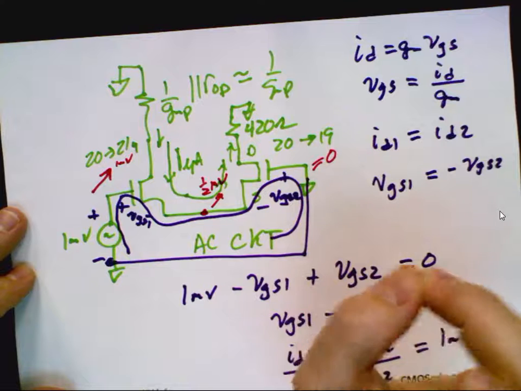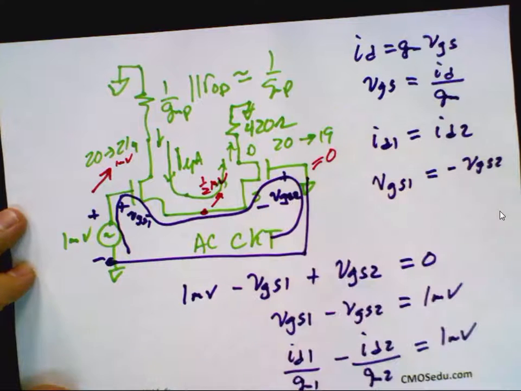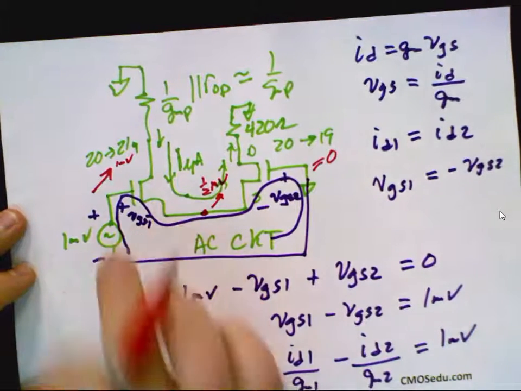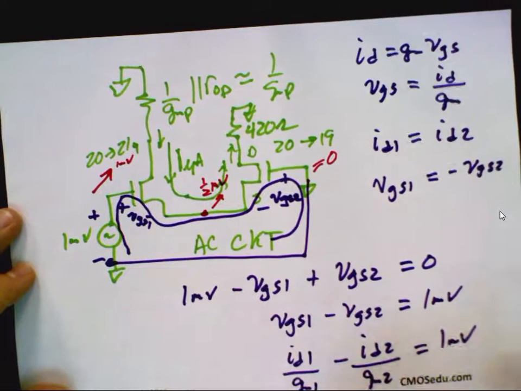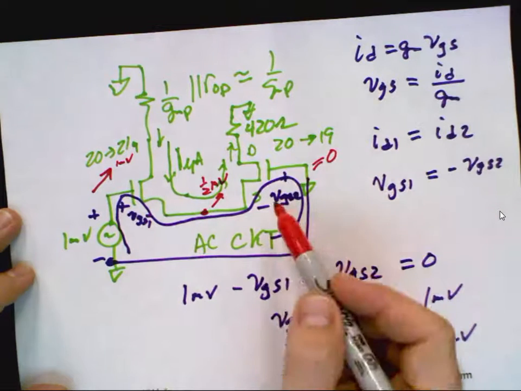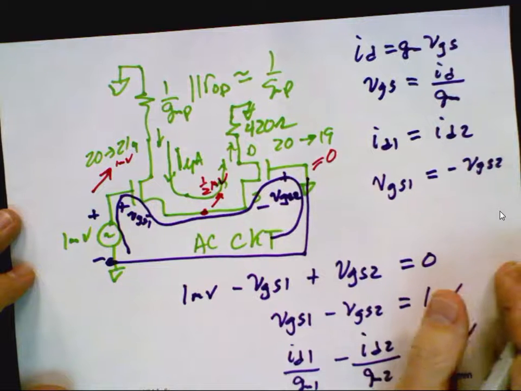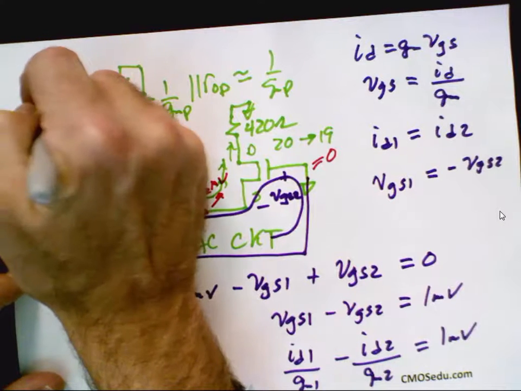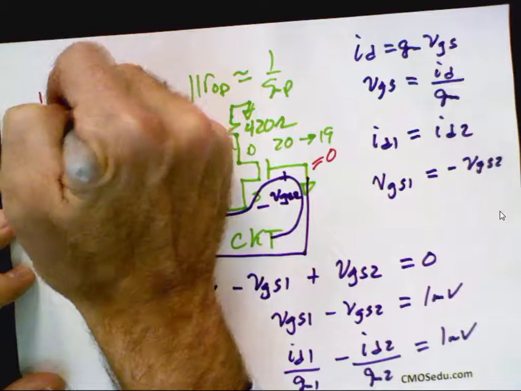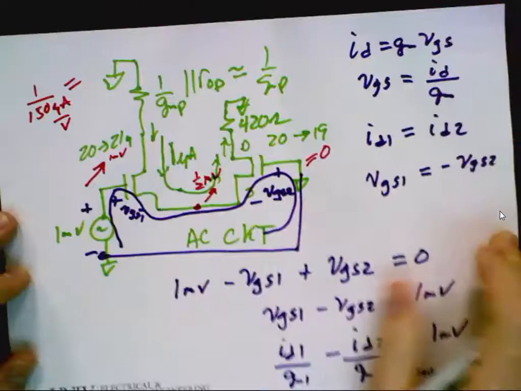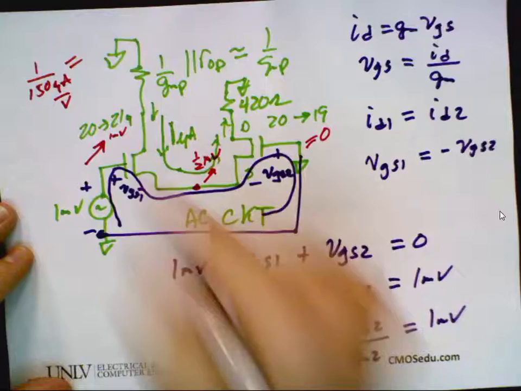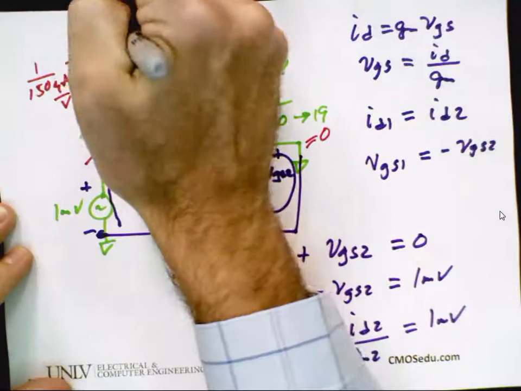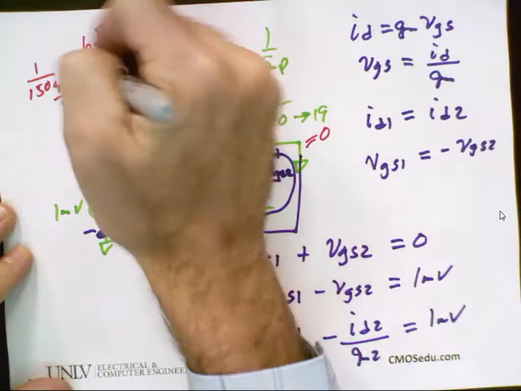Now that we have this, let's calculate all the AC currents and voltages, remembering our GMs are 150 micro and this was 420. Just out of curiosity, what's 1 over 150 micro amps per volt equal to? So that's what this resistor is equal to.